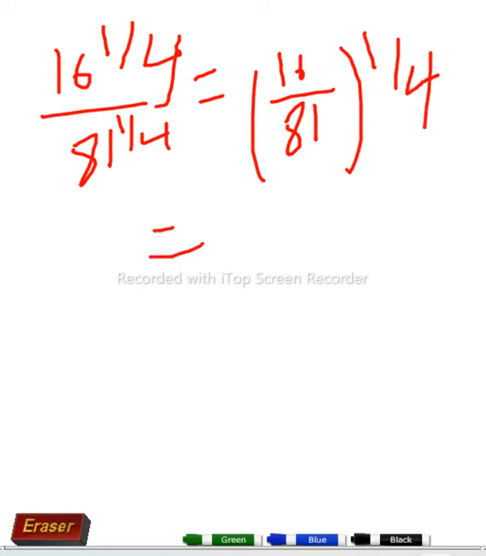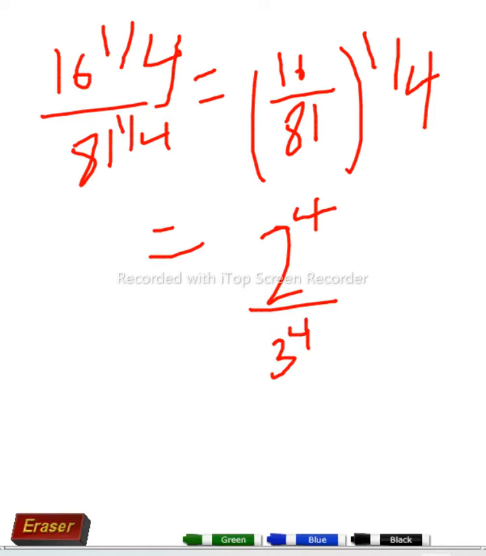As you know, 16 means 2 to the power of 4, because 2 times 2 is 4, 4 times 2 is 8, 8 times 2 is 16. And 81 means 3 to the power of 4.